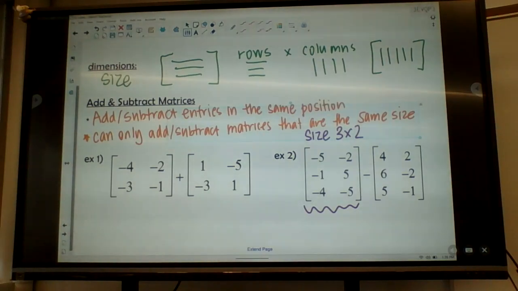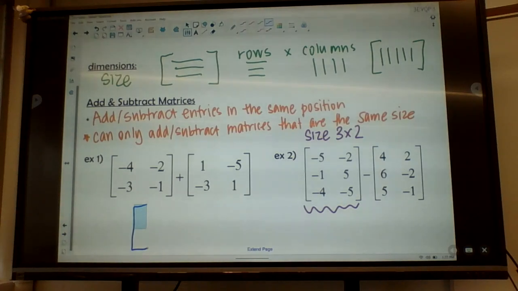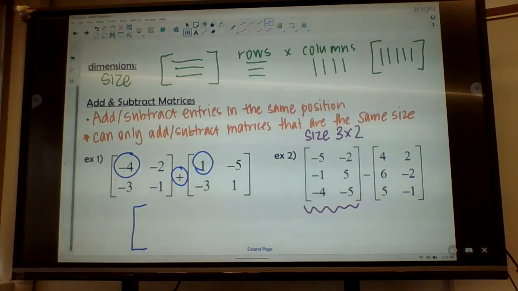So we're going to add and subtract these values, and I apologize if it's hard to see. But my new matrix is going to be exactly the same size, but I'm going to take the -4 and I'm going to add 1 to it. So -4 plus 1, sorry, this is not letting me. So that would be a -3 there for my matrix in my first slot. I have -2 plus a -5.